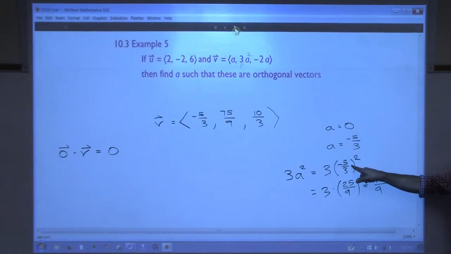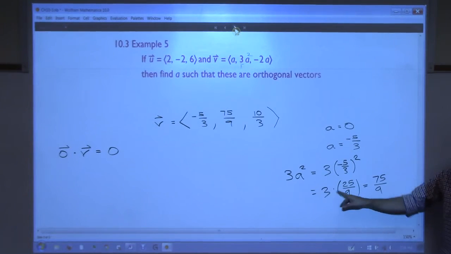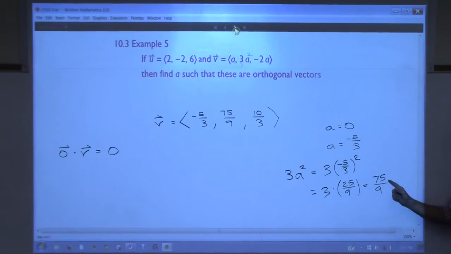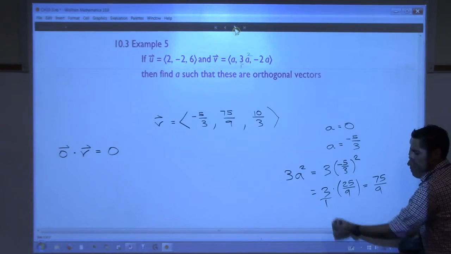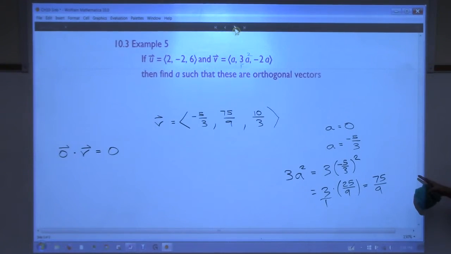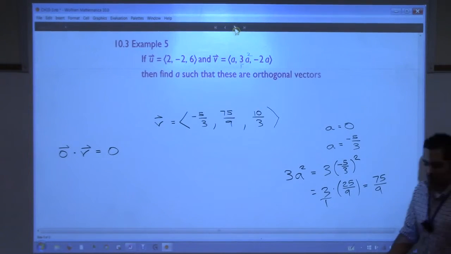So you square this first, 25 ninths. 3 times that, the 3 goes across the top, 75 over 9. 3 over 1. So that's right. Is that what you're referring to? Okay.